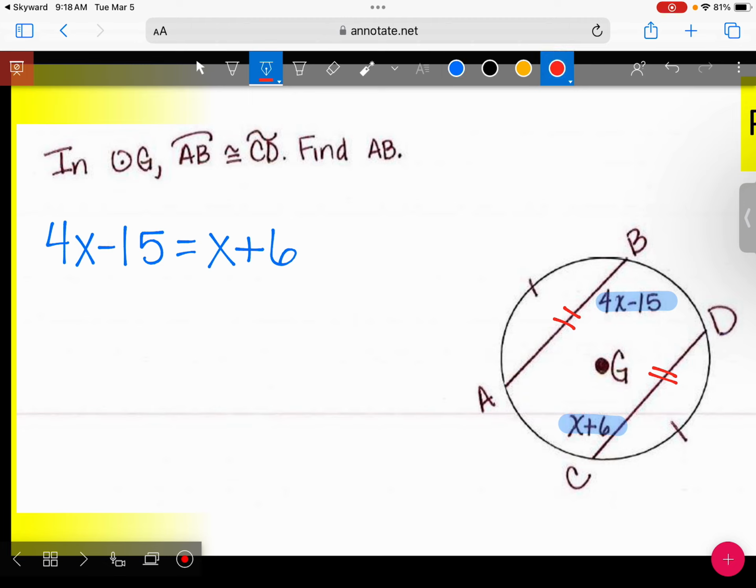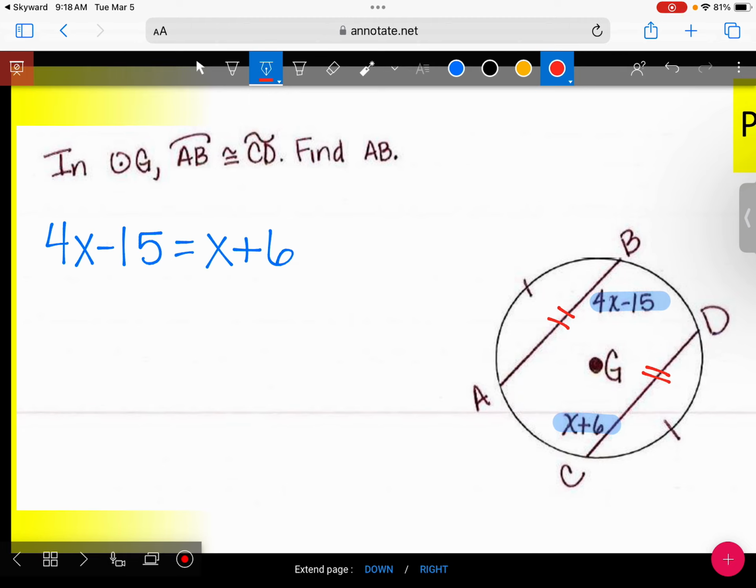All right. So what did you do first to solve this for x? Subtract the 1x. Yep, that'll work. So let's subtract x. So that would be 3x minus 15 equals 6. And then what's the opposite of subtracting 15?